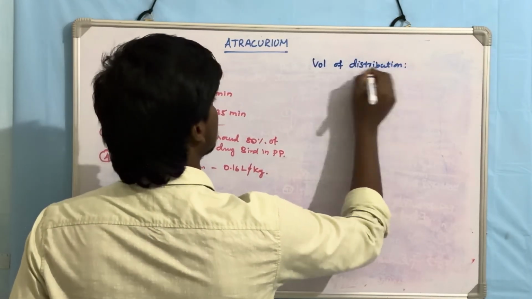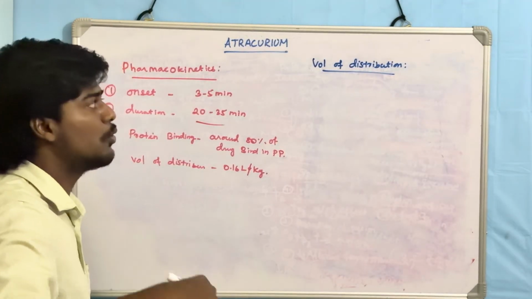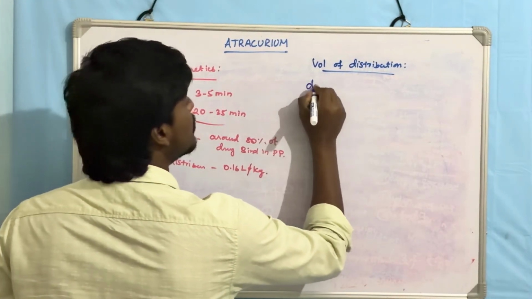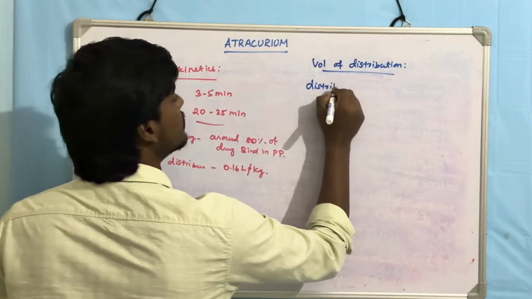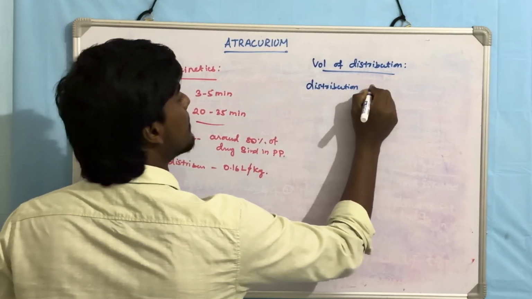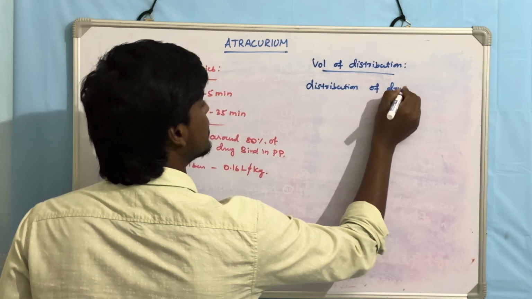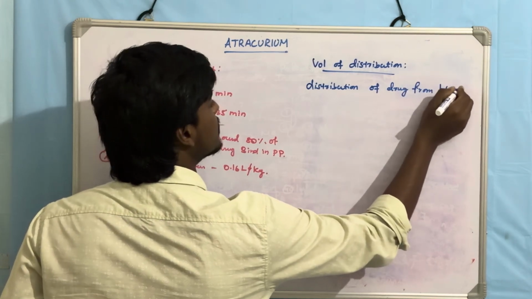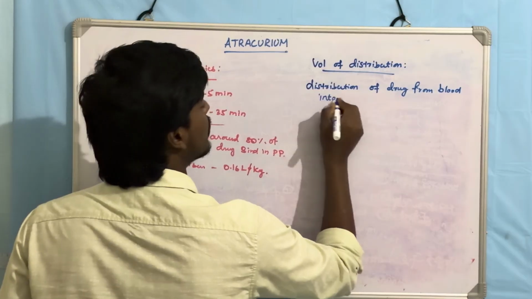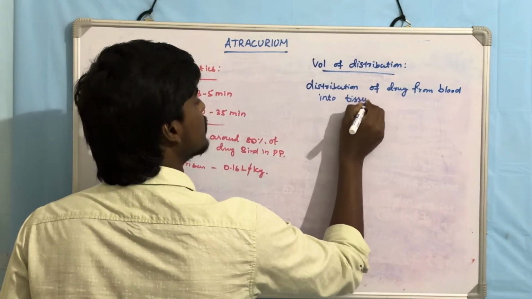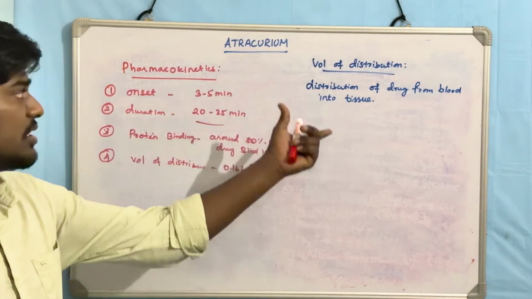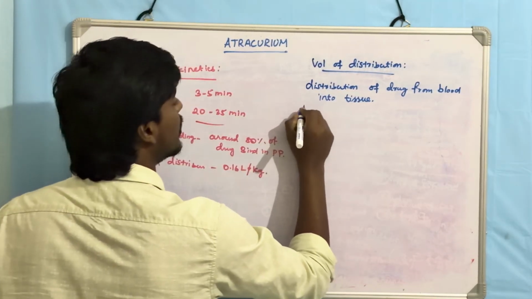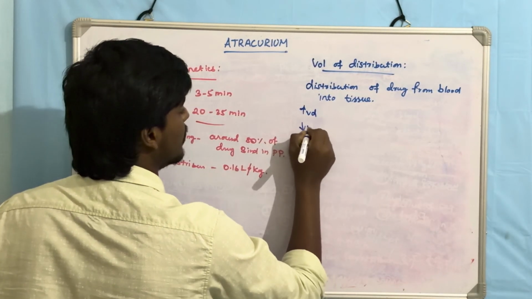Volume of distribution is how the drug spreads into the tissue, the distribution of the drug from blood into tissue. In this concept there are two conditions: increased volume of distribution and decreased volume of distribution.